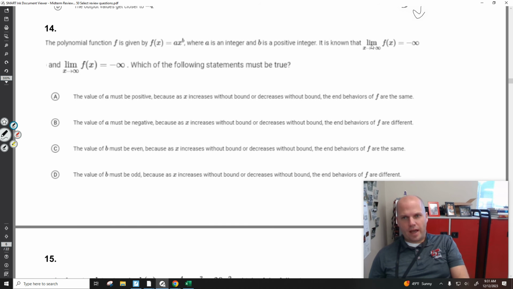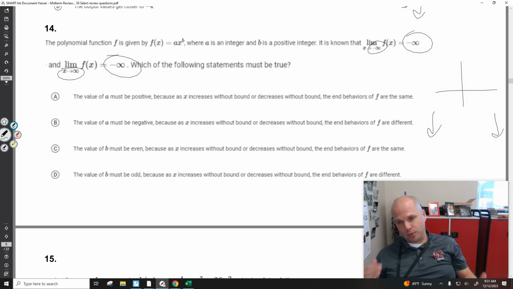It is known that as my inputs decrease without bound, my outputs decrease without bound. And as my inputs increase without bound, my outputs decrease without bound. You have to be able to interpret these limit statements. If these are confusing to you, you never really learned anything.